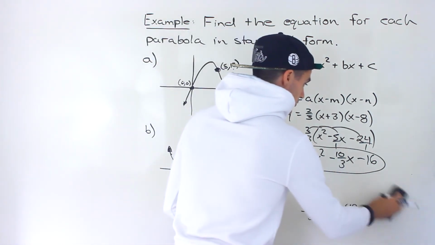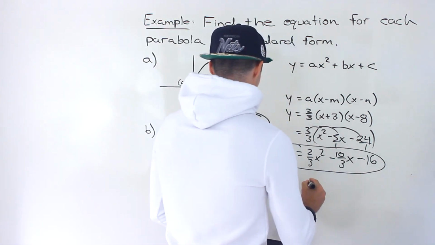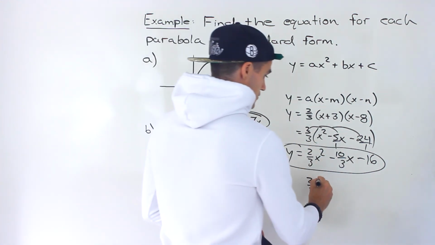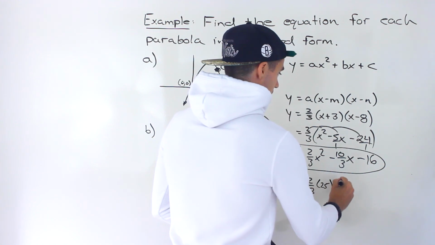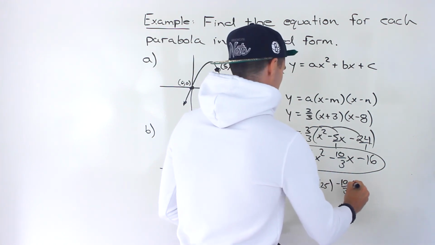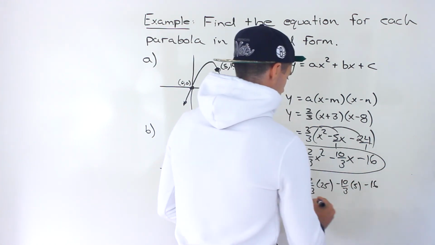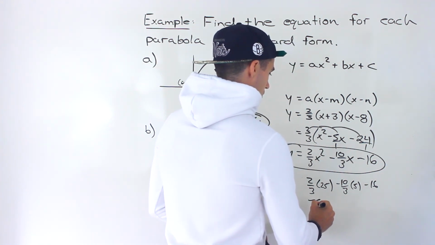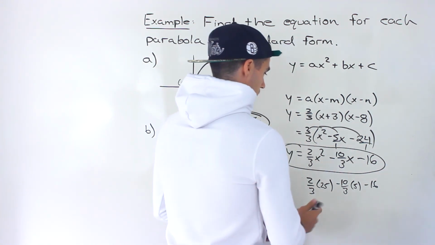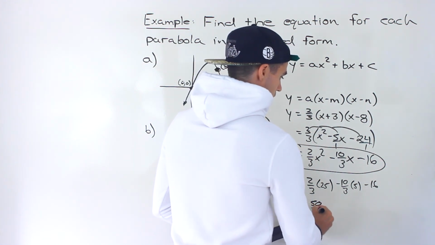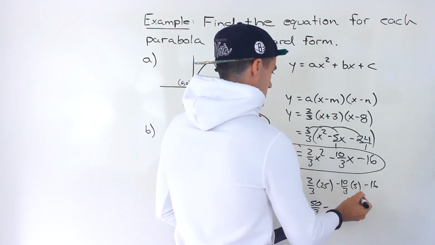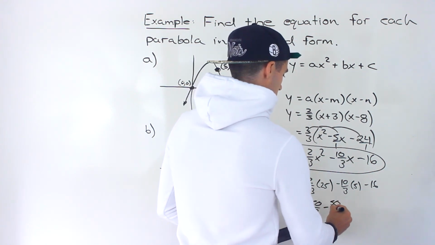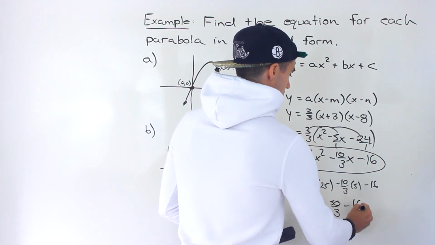And then let's check this point over here as well. Plugging in 5, so 5 to the power 2 is 25, minus 10 over 3 times 5, minus 16. So this would be 75 over, oh no, what am I doing? 50 over 3, minus this here would be 50 over 3 minus 16.